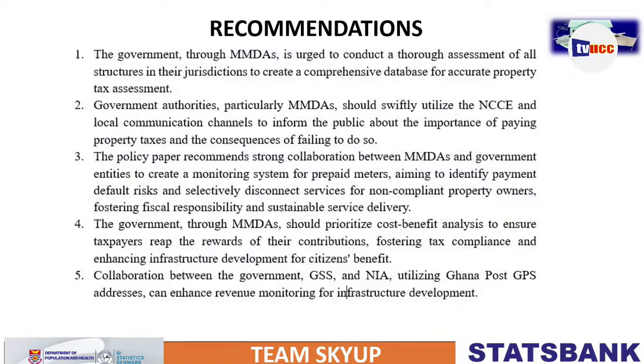We can also do this through utilities: Ghana Water Company, ECG, VRA, GRIDCo. We can partner with them to have a component of the property billing on the meters, so that for well-developed structures, landlords or property owners are able to pay the property rate effectively.